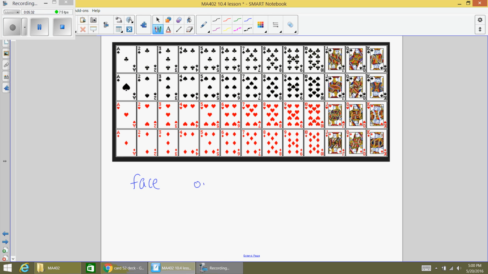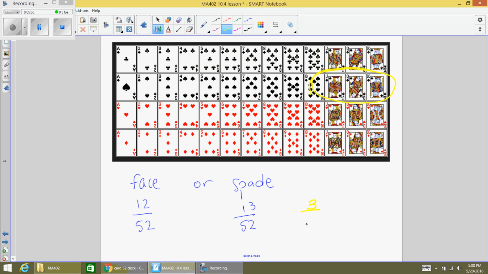Face or spade. Okay, now look at your face cards. You have 12 face cards. Look at your spades. You have 13 spades. Now, look at your face cards that are spades. Spade, spade, spade, face, face, face.